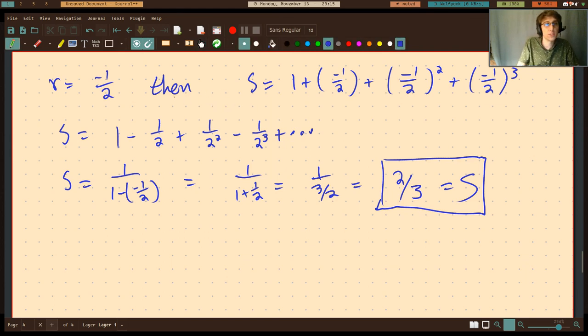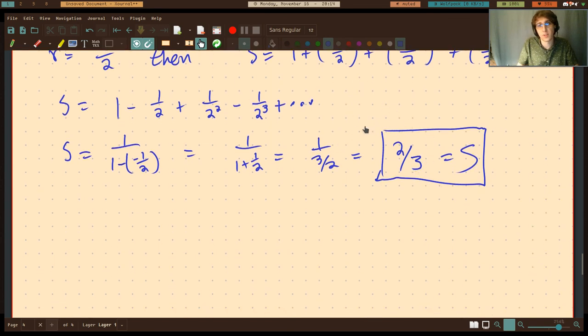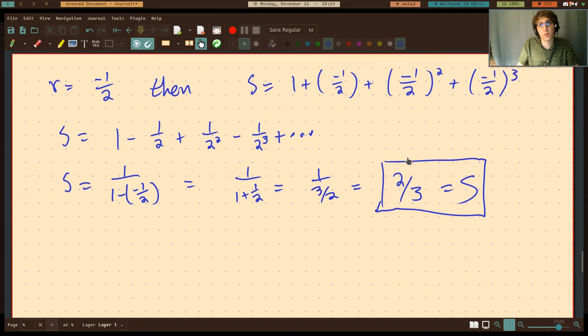So why shouldn't minus 1/2 converge to something? In the case where it's 1/2, everything is positive, and geometrically, even if algebraically this isn't convincing, you can show that it converges to 1. And if you put a 1 in front, it'll be 2. But if it's minus 1/2, every other term is negative, so it should also converge. And in this case, it converges to 2/3 instead, which is pretty cool.